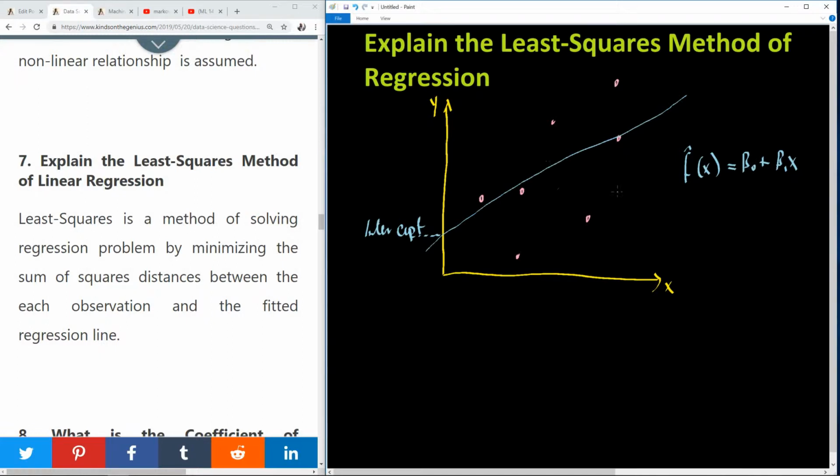However, the actual relationship between x and y should be that y is a function of x. So given yi, to find yi, we simply use a function of xi. Take note that this function f of xi is not the same as this f hat of x given here.